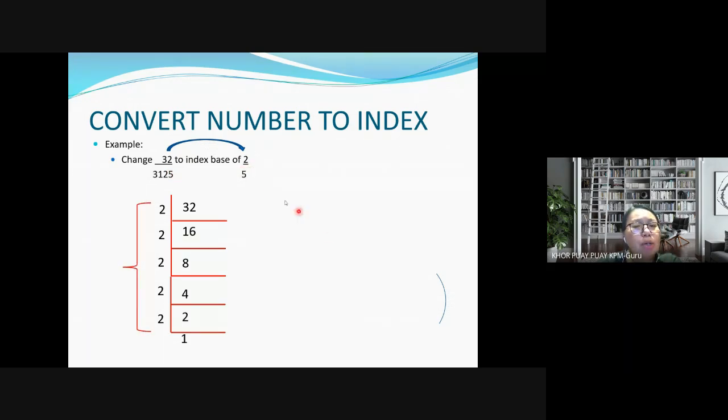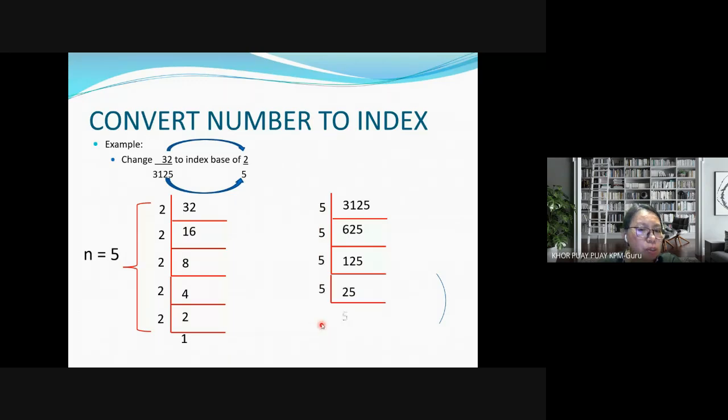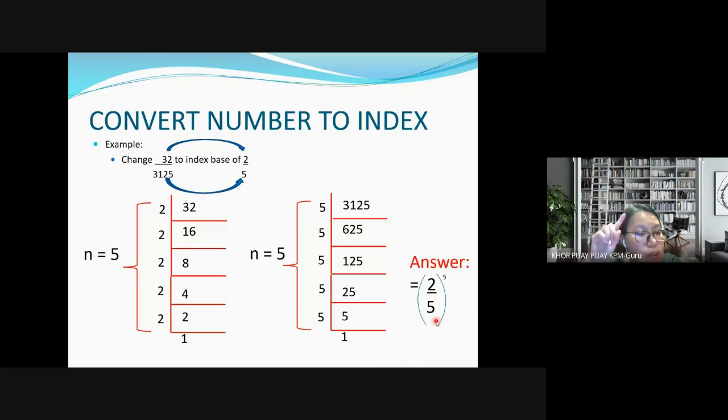Yeah, so when you repeatedly divide separately, you will see that your base will appear the same number of times. So for example, my number 2 appears 5 times, my number 5 appears 5 times as well. So when you write, you will write the base in the bracket, and since both of them have the same index, you will combine them and write just one index outside the bracket.